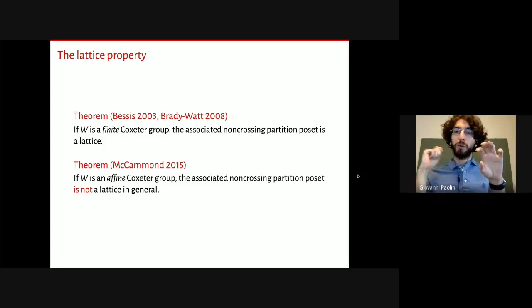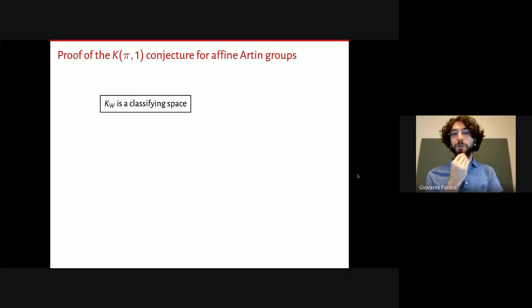What we do is, okay, we take that space anyway, and we hope that the lattice property actually is not necessary. And in fact, our first step in the proof of the K-pi1 conjecture is to show that even if you drop the lattice property, which is absolutely essential, like if you don't have further knowledge about the interval, so it's not like a hypothesis that is not very important.